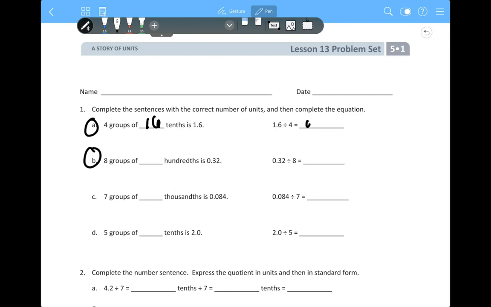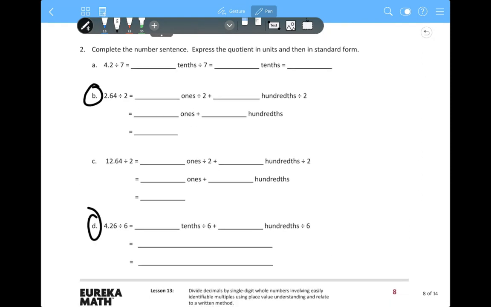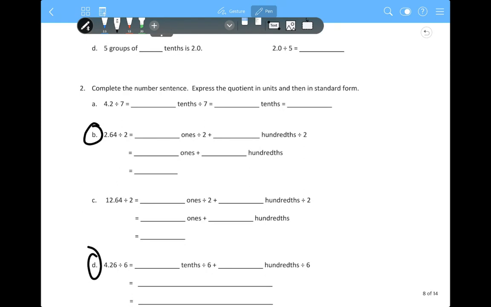So I'm going to write 0.4 as my answer. For number B, I have 8 groups of 32 hundredths, and 32 hundredths divided by 8 is going to be 4 hundredths.